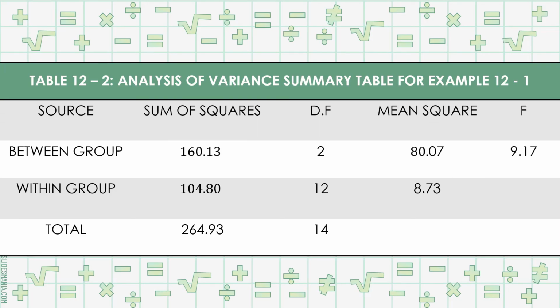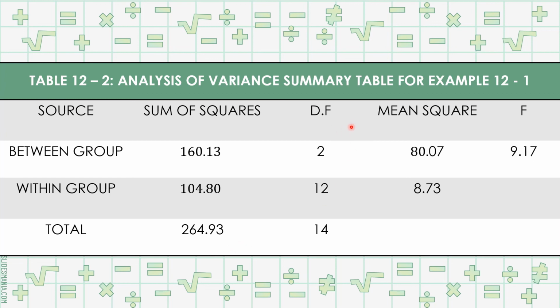And by applying, here is table 12-2, the analysis of variance summary table for example 12-1. The sum of squares between group is equal to 160.13. The sum of squares within group is 104.80, and by adding we have a total of 264.93.